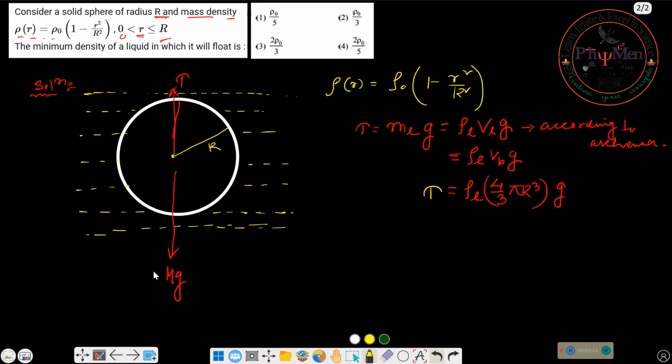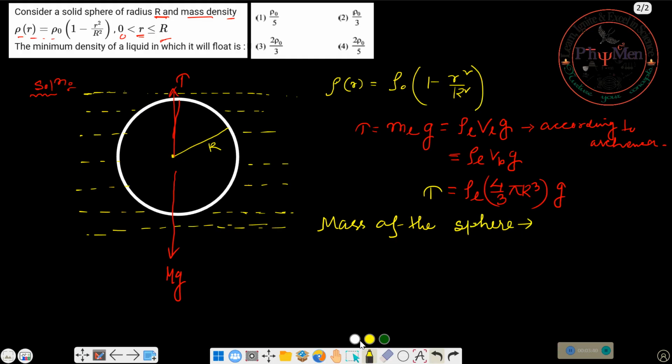Now for mg, the weight of this sphere, we need to find out this capital M, the mass of the sphere.